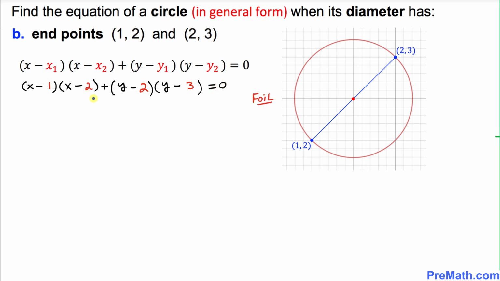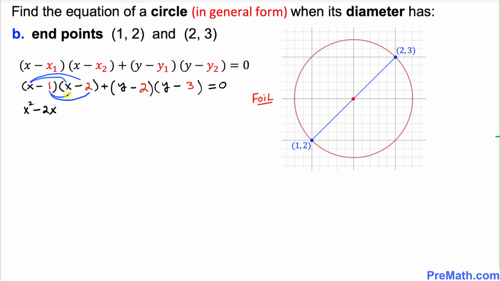And now we are going to use the FOIL method. In other words, we're going to distribute. We're going to multiply x times x and x times -2. That's going to give us x squared minus 2x. And likewise, we're going to distribute once again on this side.